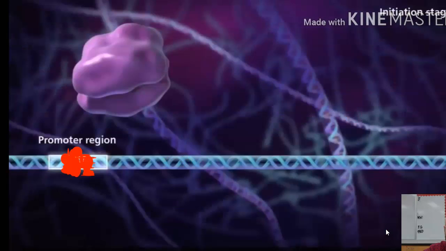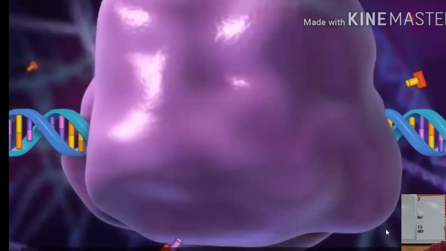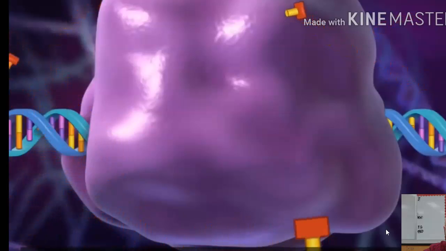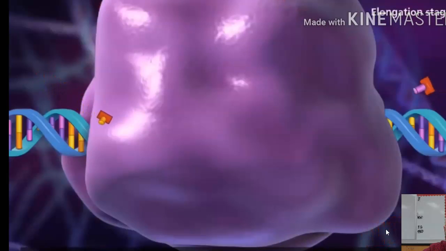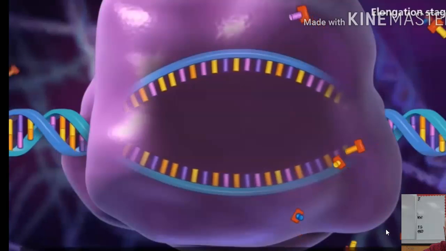The promoter region of the gene functions as a recognition site for RNA polymerase to bind. This is where the majority of gene expression is controlled, by either permitting or blocking access to this site by the RNA polymerase. Binding causes the DNA double helix to unwind and open.